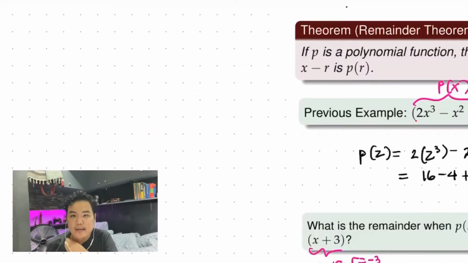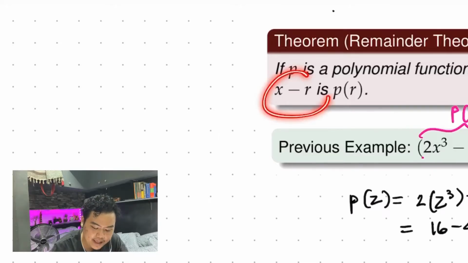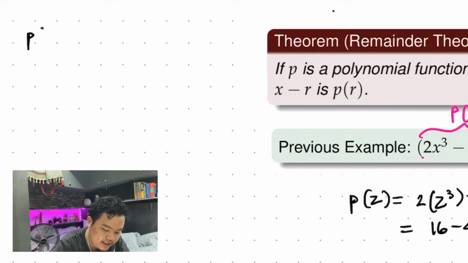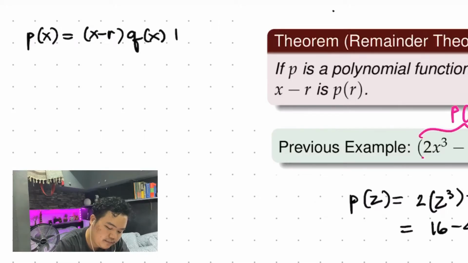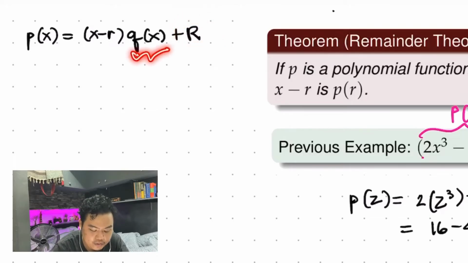So, paano nakuha yung remainder theorem? So, justify lang natin ng konti. So, naalala nyo, if you divide the polynomial by x minus r, sabi ni division algorithm, you can express that polynomial as x minus r times the quotient plus the remainder. The remainder is yung capital R. Okay, and this is the quotient, some polynomial q of x.